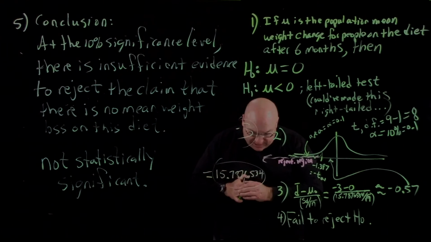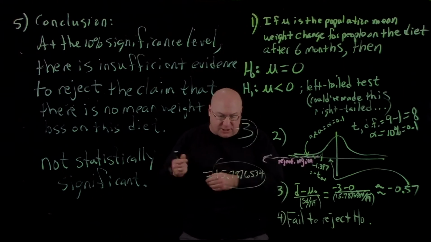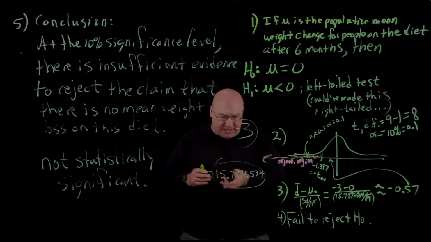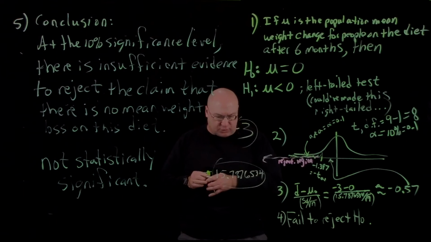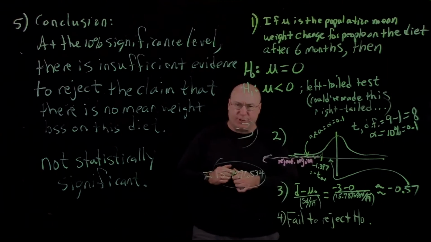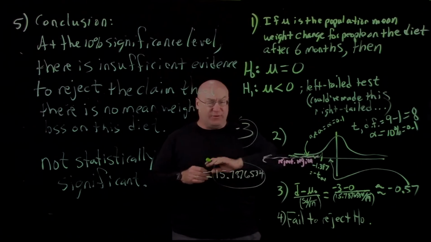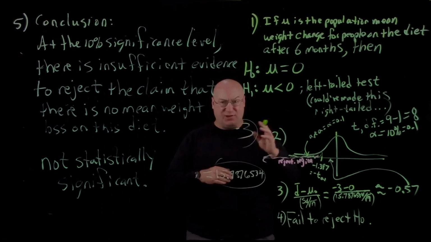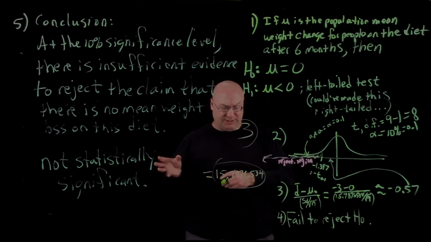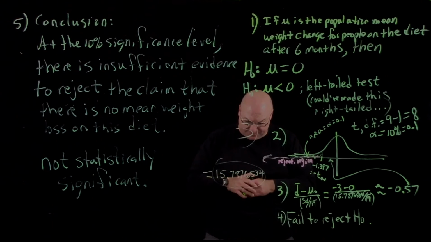We would say then that we would have rejected the null, and we would have said that the mean loss was statistically significant, meaning that we believe that the loss is due to more than just random chance, that the diet actually worked. So statistically significant, we usually go with, we've rejected the null. If we don't reject the null, we usually have a result that we say is statistically insignificant.